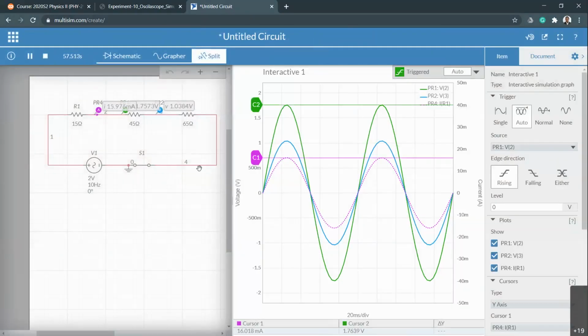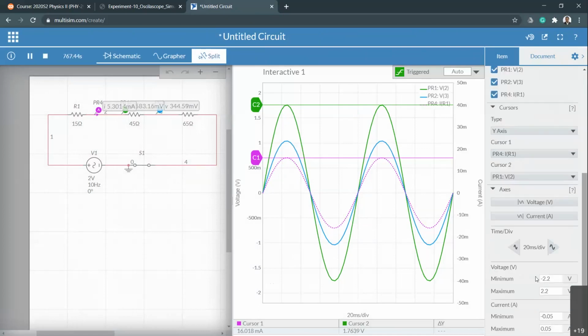Okay, you can see the current value should not change at all, 16.018. You can keep that as it is. This green one now represents the voltage in between. You can see that is 1.7639, the previous number. Now after that, the blue line, I have to remeasure, which means I have to change the cursor. Click on the cursor.